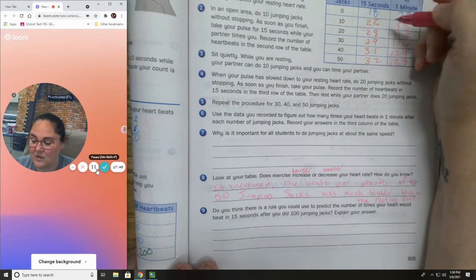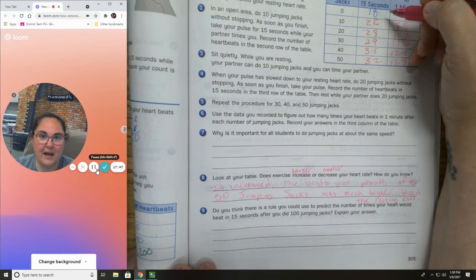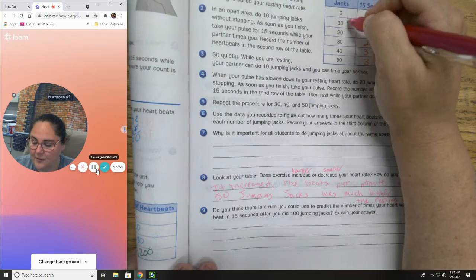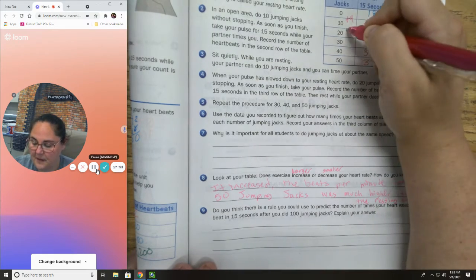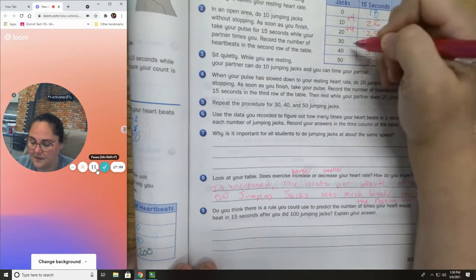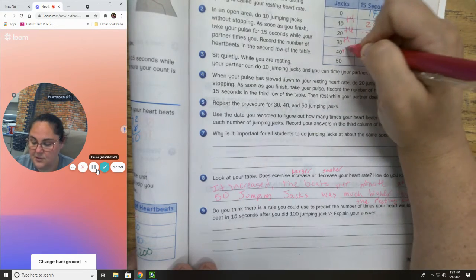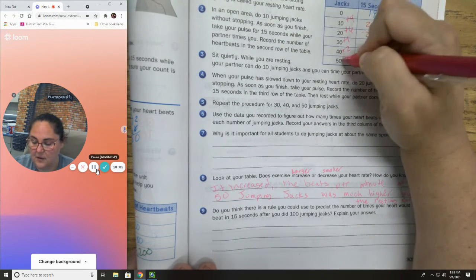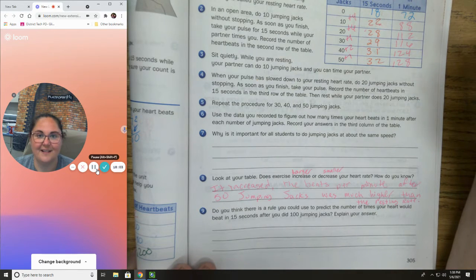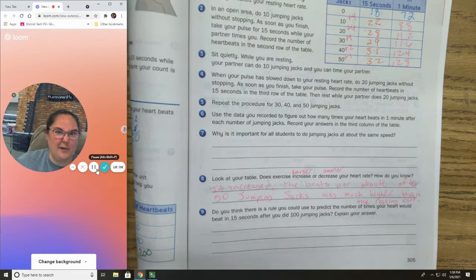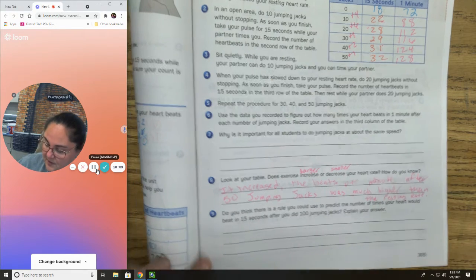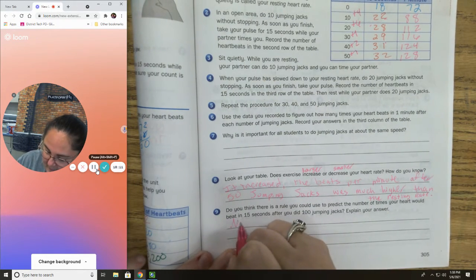There's not a rule. I can't say that every 10 I do, I increase 15 beats a minute. It doesn't work that way. This time I increased 4 beats per minute, 6 beats per minute, 1 beat extra, 2 beats extra, 1 beat extra. So there's nothing really consistent about those times. So do you think there is a rule? No.